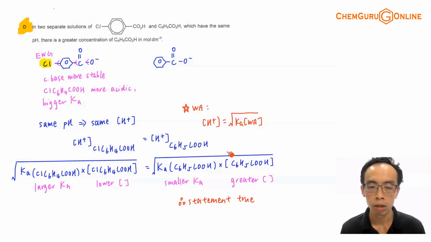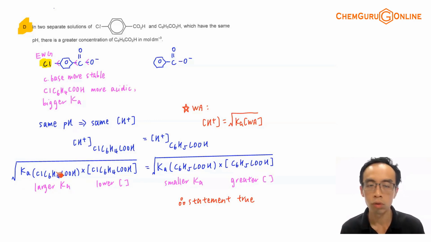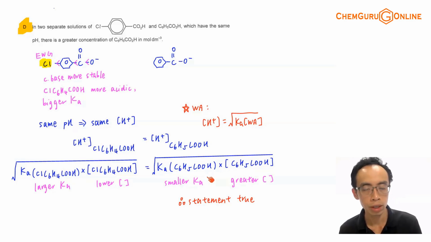Actually, we are able to do that because I can use the formula to determine H+ concentration: H+ concentration is equal to the square root of Ka times weak acid concentration, correct? So H+ concentration for chlorobenzoic acid is the square root of Ka of chlorobenzoic acid multiplied by the concentration of that same acid. This is also equal to the H+ concentration of benzoic acid, the square root of Ka of benzoic acid multiplied by the concentration of benzoic acid.